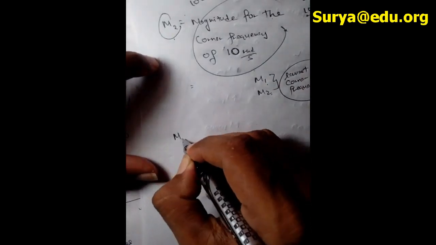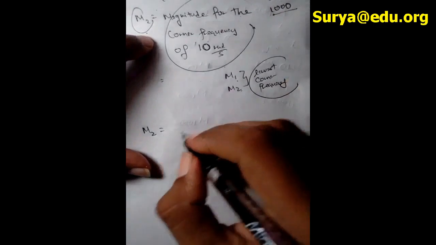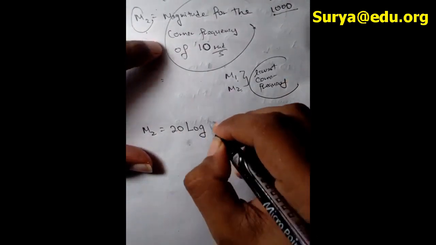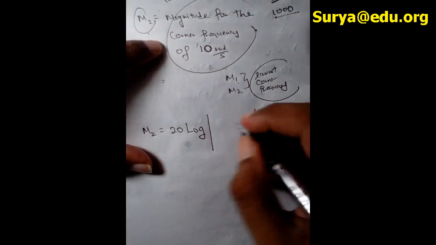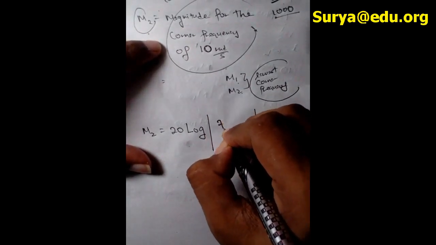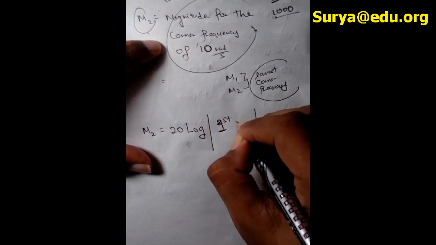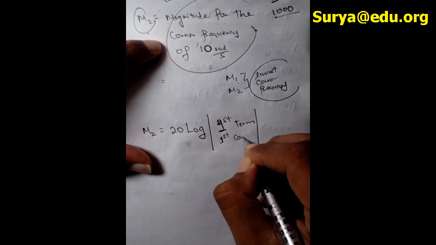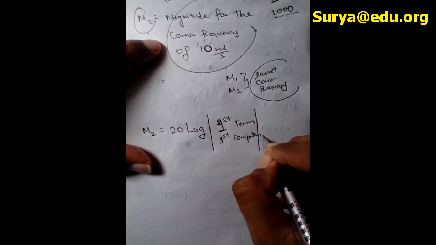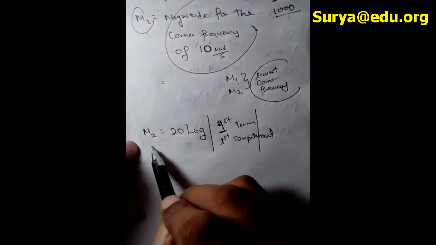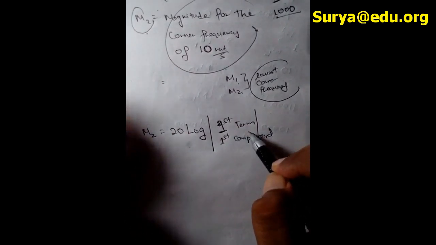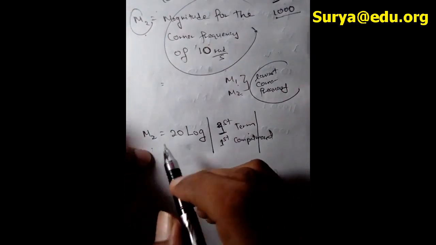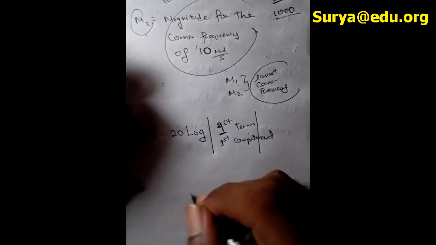Now, what is M2? It's easy. 20 logarithm of the modulus of the first term, or first compartment. Don't worry about why we get the first term for the second one and not the second term. Guys, this is just a formula. So M2 is also 20 log of the first term.